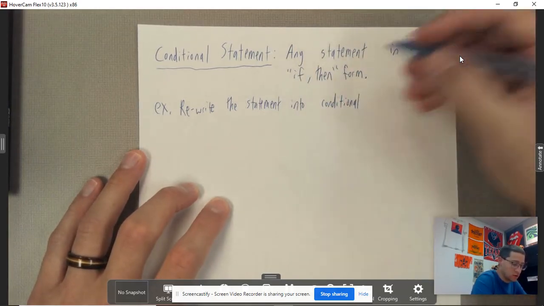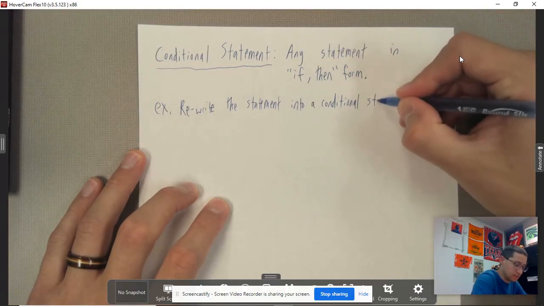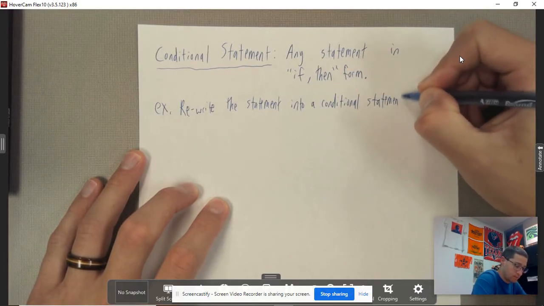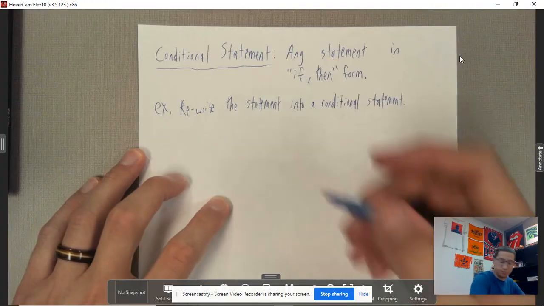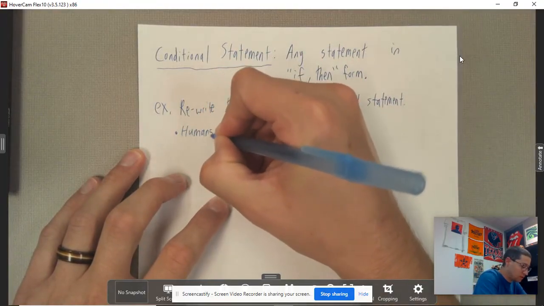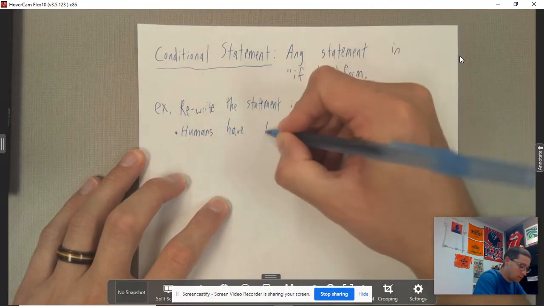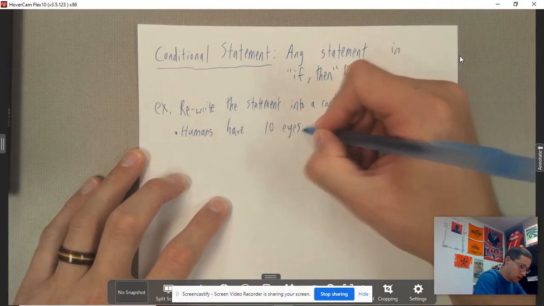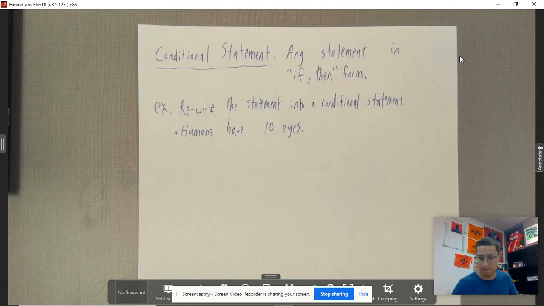Okay, so here's our original. Let's say we said humans have 10 eyes. Okay, not a true statement, but that's okay. All right, so let's rewrite it into a conditional statement.